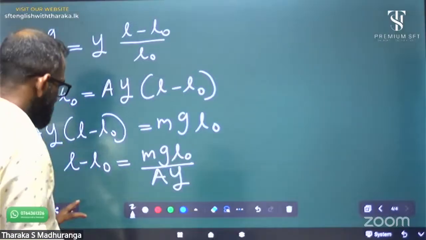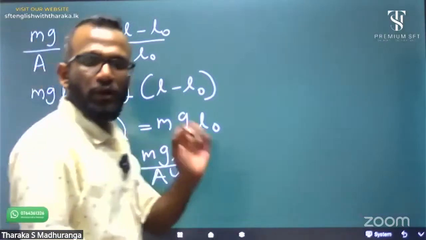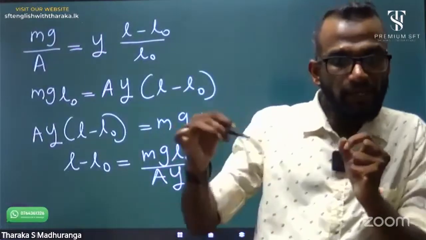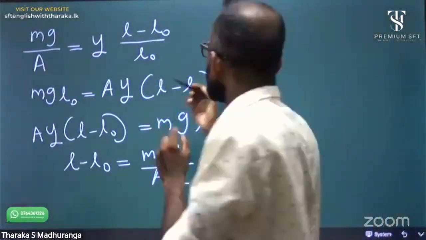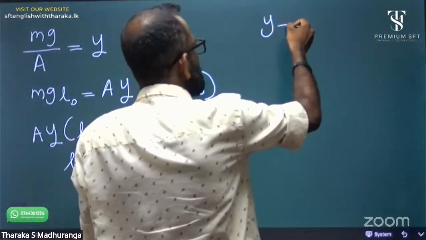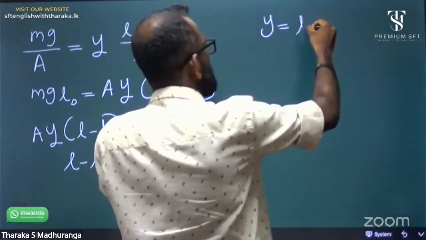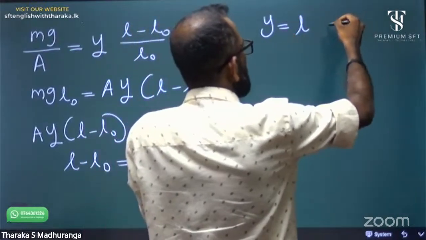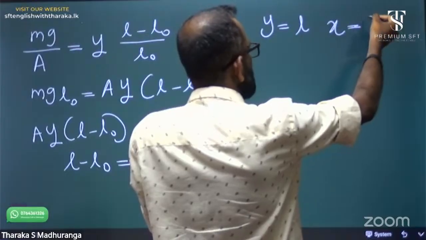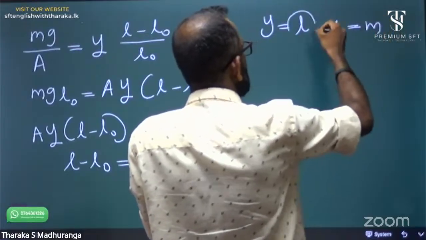Young's modulus. Okay, I want to isolate L, because y equal to L. Y equal L, the auto changing factor that we call the independent factor. The dependent one is x equal m.